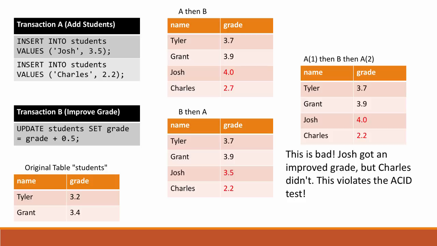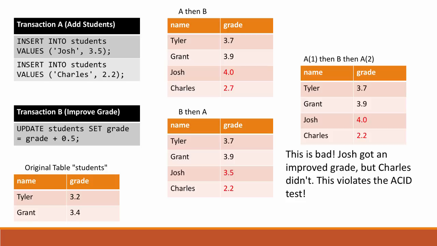And this is the big problem here. This is the problem where the transaction rules didn't work. Because what happened is I got an improved grade, but Charles didn't. And that doesn't make sense. Either transaction A should happen in its entirety, or it should have been aborted, but you should not have had transaction A happen partly, other code come in, and then transaction A finish in a way that leaves this inconsistent state.